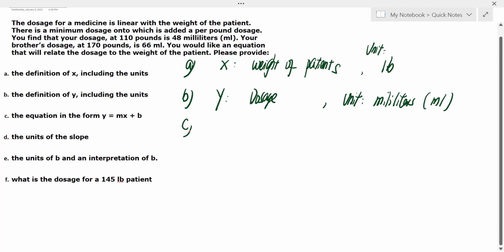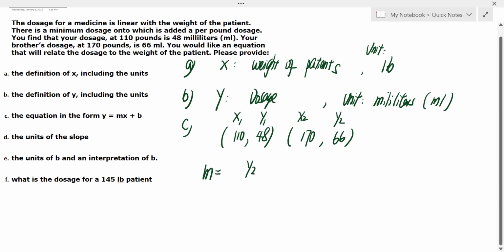So we are given two ordered pairs here. The first ordered pair is the 110-pound patient, dosage 48 milliliters. The other condition is the 170-pound patient and dosage 66 milliliters. So based on those, you label this x1, y1, and this x2, y2. And we can find the slope first.